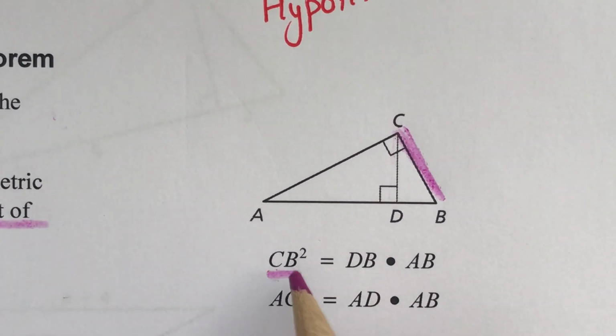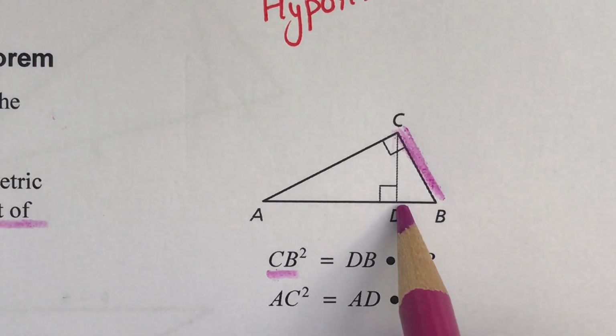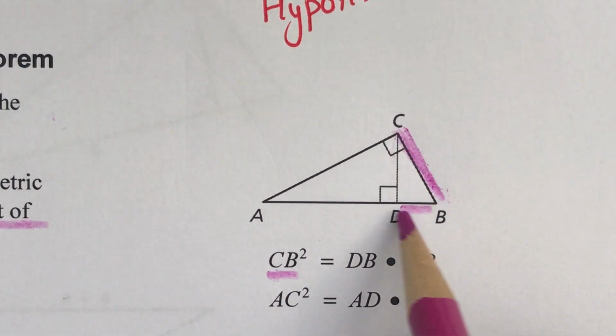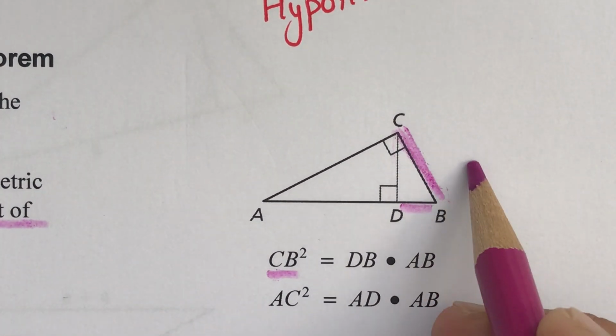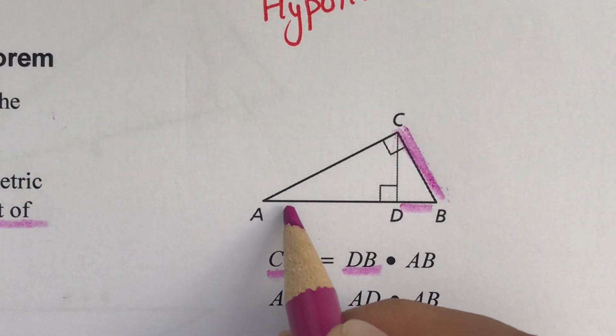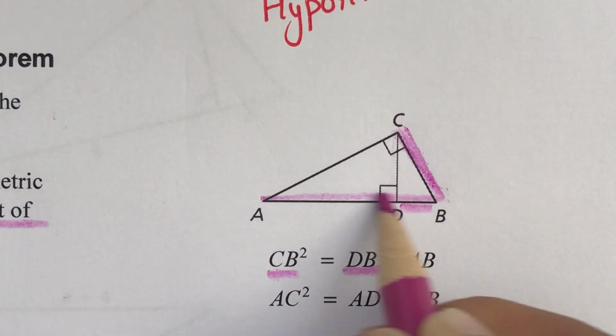This CB squared is actually DB. I have to use that segment which is towards that leg, the segment of the hypotenuse which is towards that leg. DB times AB. Now I have to take the whole thing, AB, the whole hypotenuse.